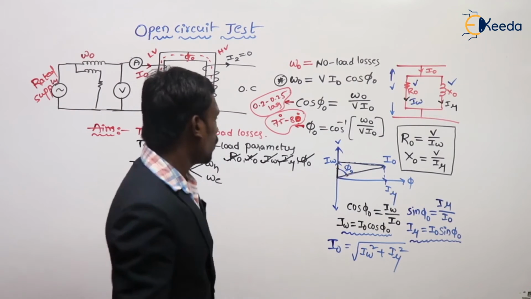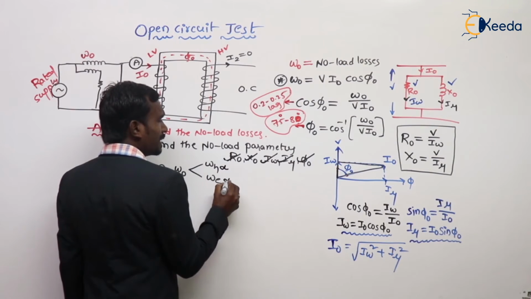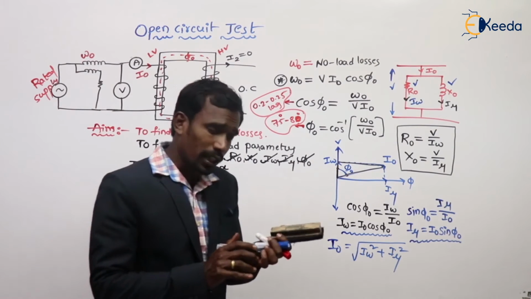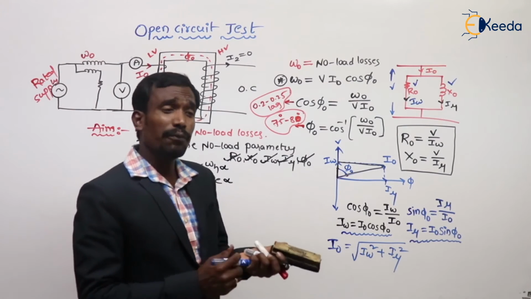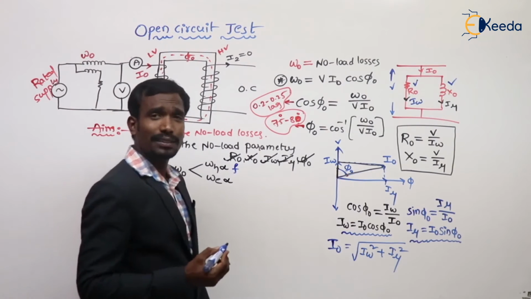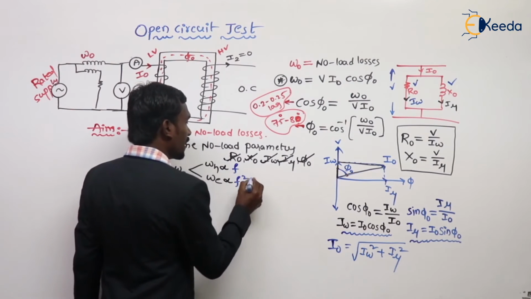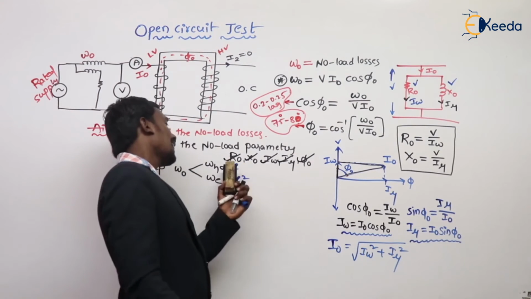Before that, tell me, hysteresis losses and eddy current losses are directly proportional to what when V by F is constant? When V by F is constant, hysteresis loss is directly proportional to frequency and eddy current loss is directly proportional to frequency square. Yes or no? We calculated this.